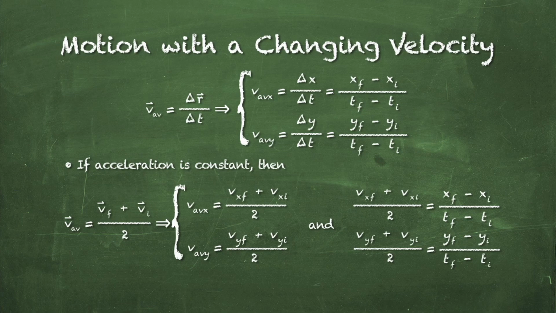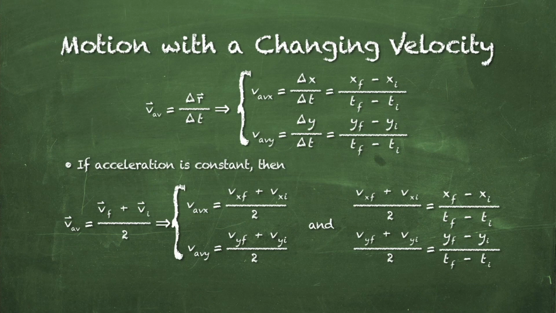Combining our two y equations gives us Vy final plus Vy initial divided by 2 equals y final minus y initial divided by t final minus t initial. And this is going to be our second set of kinematic equations. Now, I did stipulate that these equations are valid if acceleration is constant. And in Physics 191, the acceleration will always be constant, or at least piecewise.